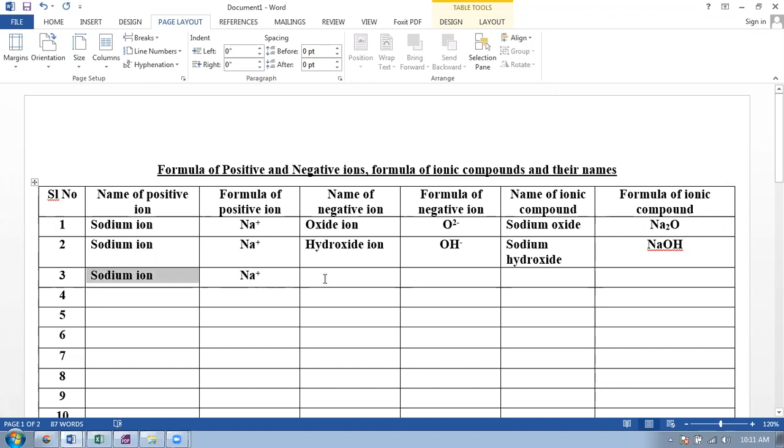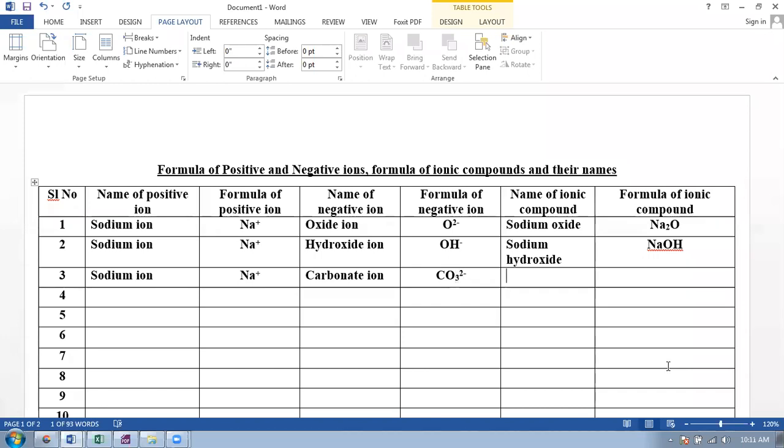Now I continue with sodium ion again. Look at this sodium ion, and now here I want to change a bit. It's carbonate ion. Okay, so the formula of carbonate ion is CO3 2 minus, like this.